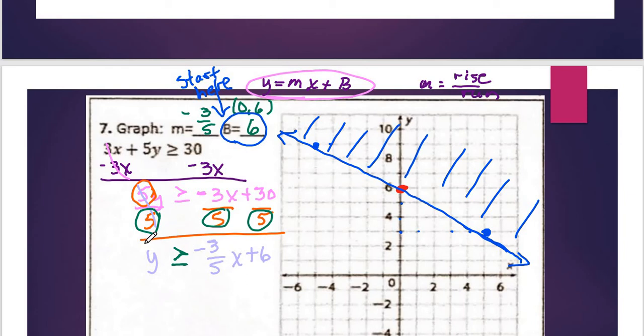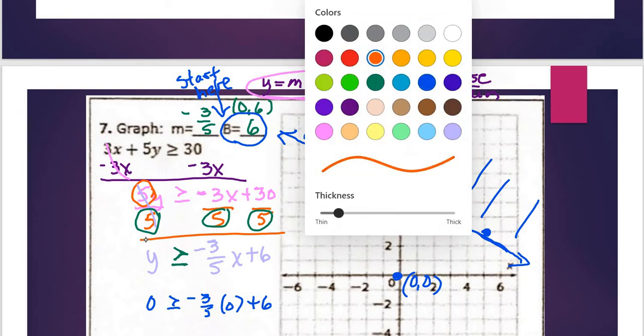So I'm checking this point, 0, 0, and I put this in right here. Negative 3 over 5 times 0 plus 6. If you can use 0, 0, then use 0, 0 because you know this cancels out.